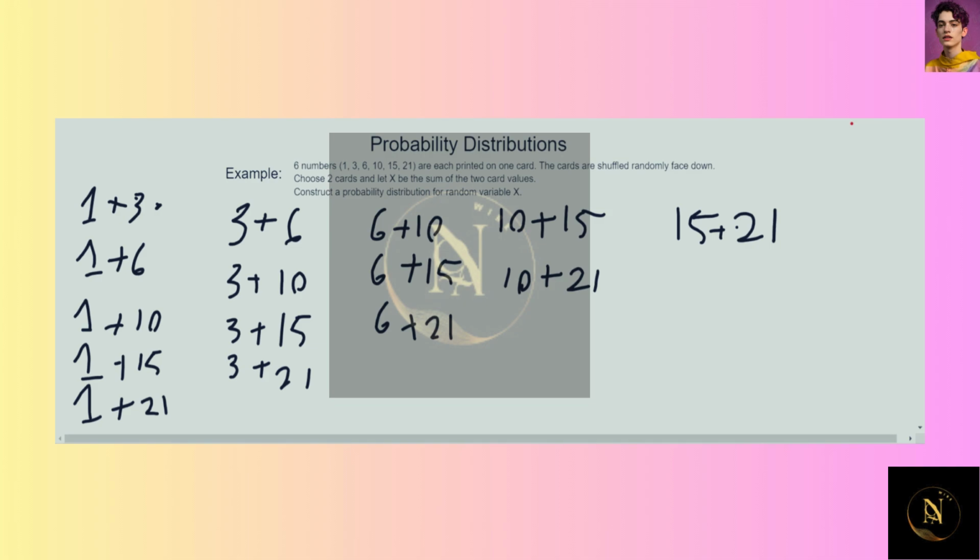So our number in our sample space, we can count it out, but our number in our sample space is that we have 15 possible values of x.